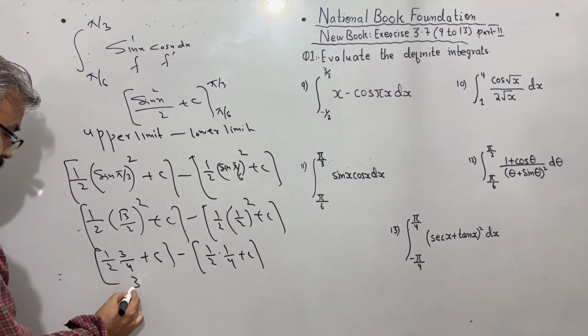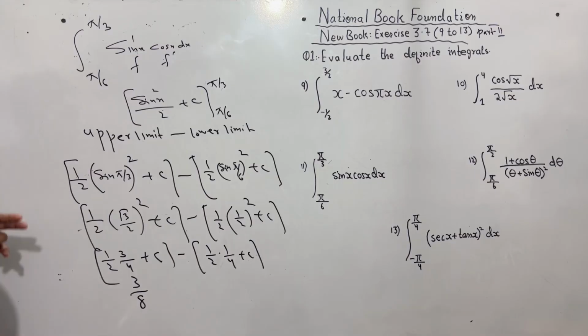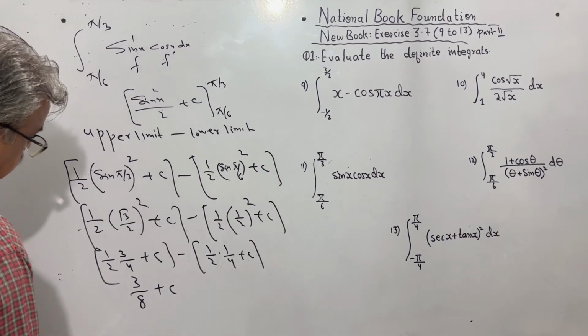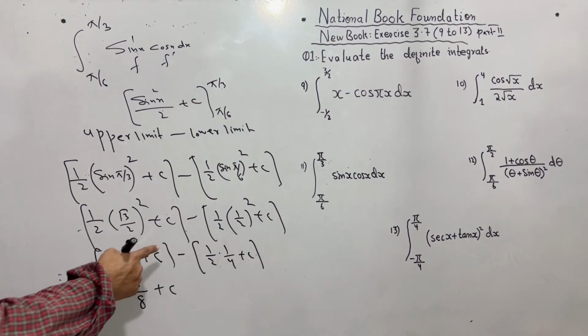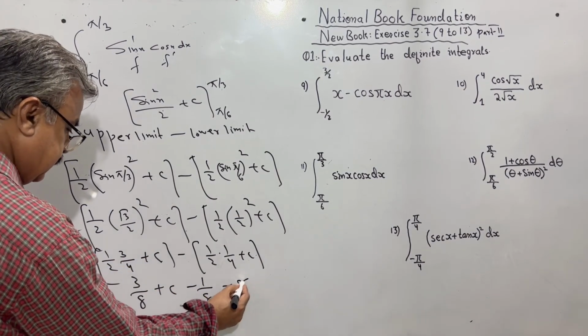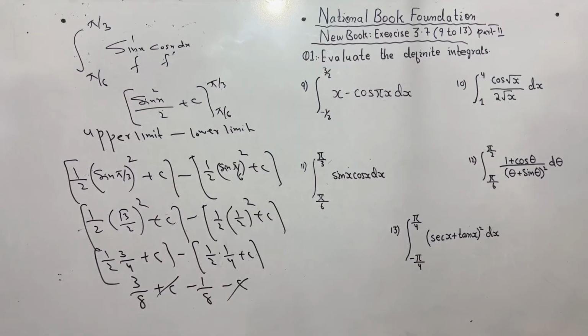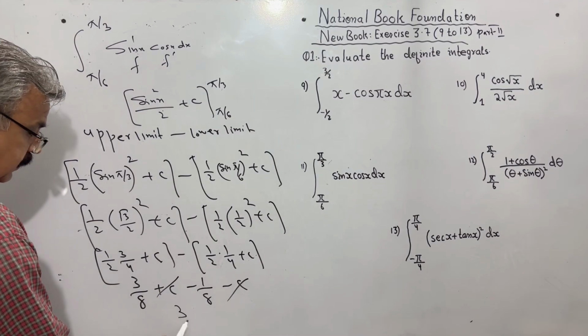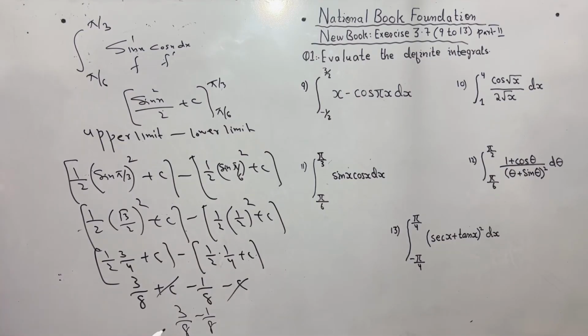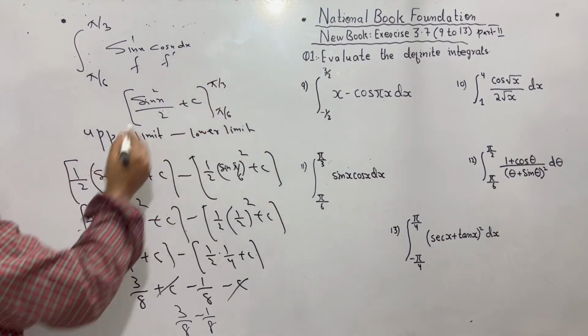It will become 3 over 8 plus c, minus 1 over 8 minus c, c cancels out. We have 3 over 8 minus 1 over 8. Again, the denominators are the same.